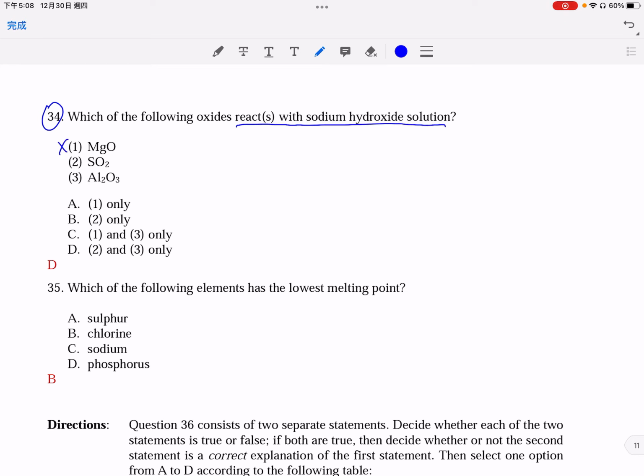Therefore, it can react with an alkali, sodium hydroxide solution. Option 3 is also correct because aluminium oxide is an amphoteric oxide. So it can also react with an alkaline solution just like sodium hydroxide solution. So the answer is D.